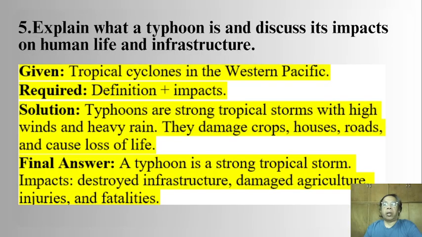Typhoons are strong tropical storms with high winds and heavy rains. They damage crops, houses, roads, and cause loss of life. Final answer: A typhoon is a strong tropical storm.